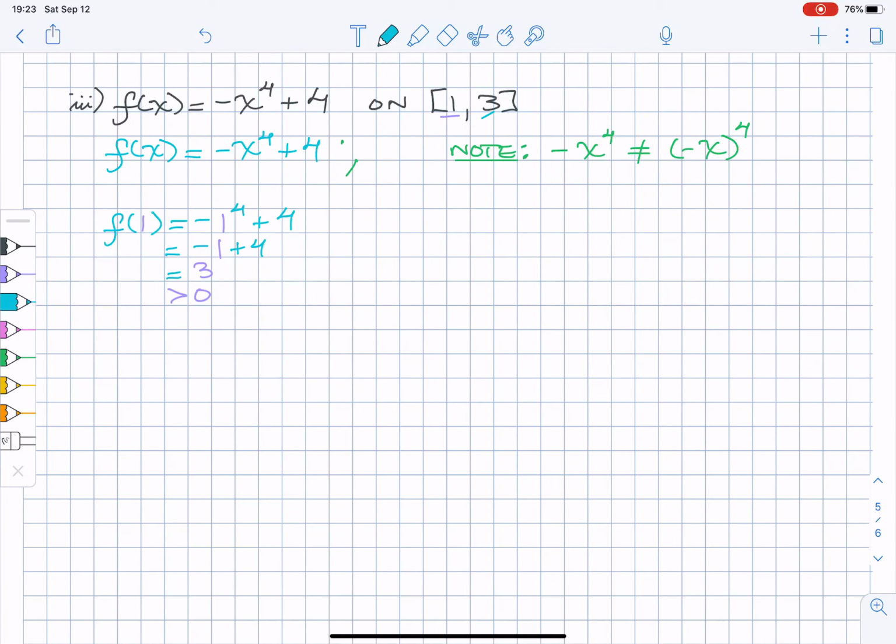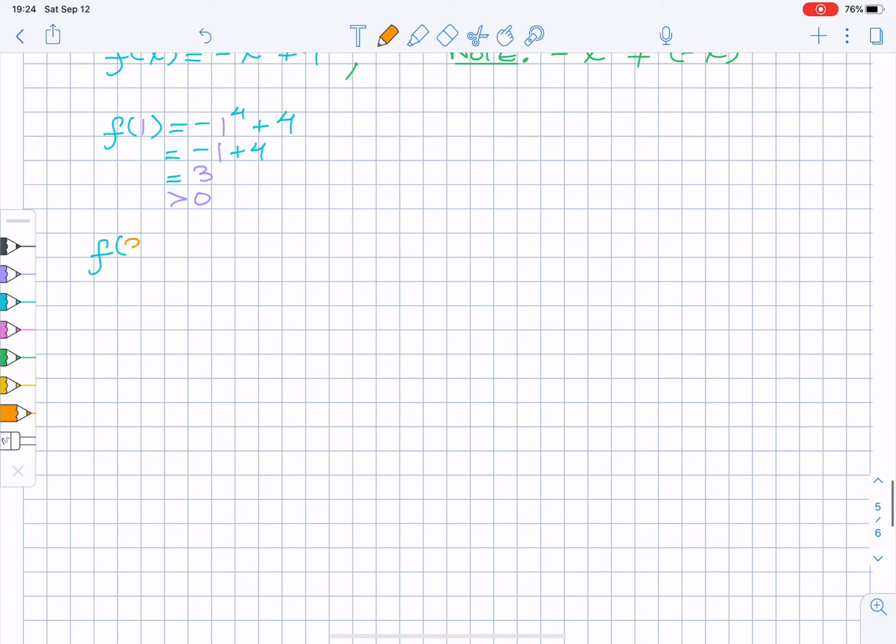So f of 3 now, 3 should be orange. So f of 3 is going to be a negative of 3 to the 4th plus 4.